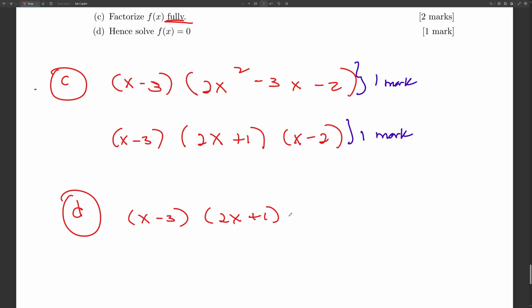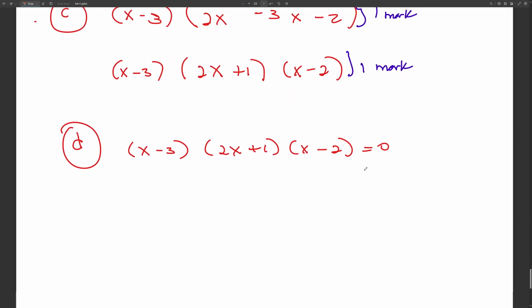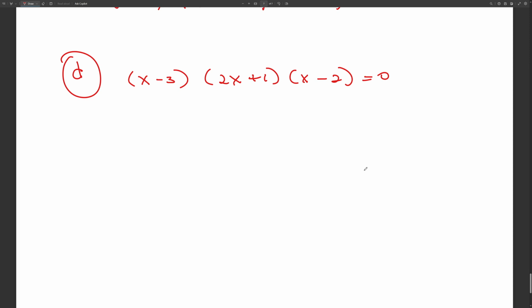So let me do that. Set equals 0, that's what they told me to do. F of x equal to 0. This is f of x in its factorized form. It's equal to 0. Now what do we do? We have to solve it. So let's do each one separately. So for the first one, my first factor, which we already found, which they gave us, we got x equals 3.